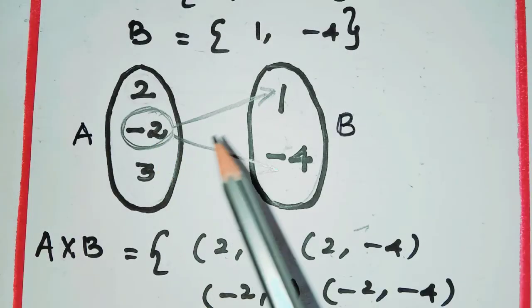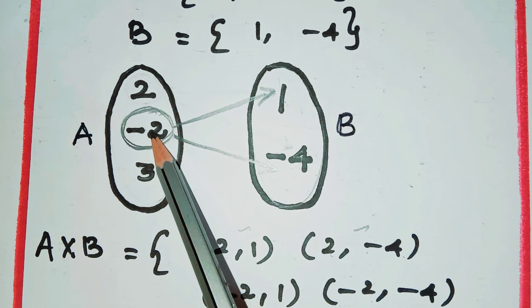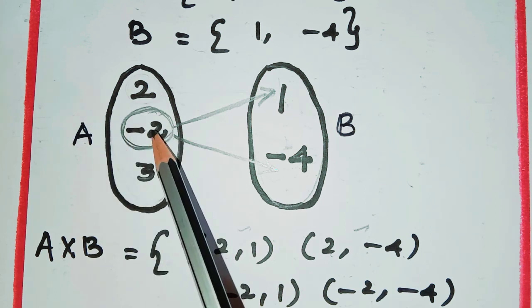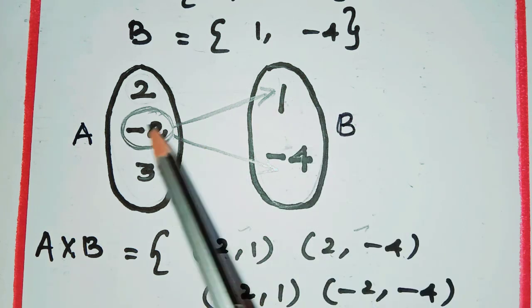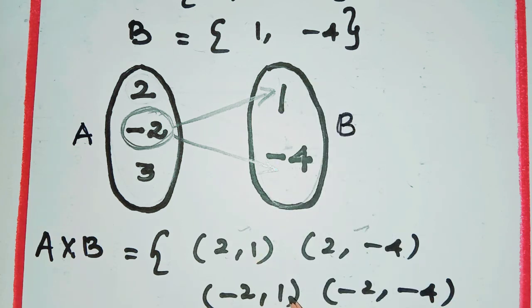Next, find the ordered pairs using -2, the second element of A. -2 is paired with the first element of B, that is 1. (-2, 1) is the next ordered pair.